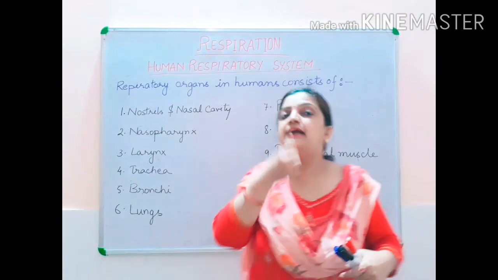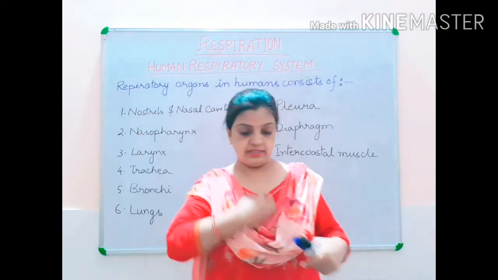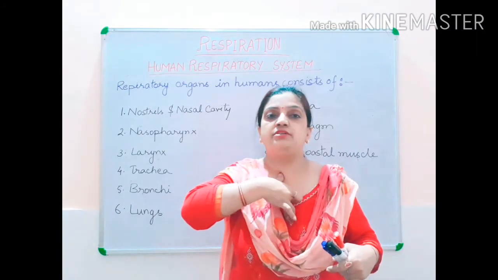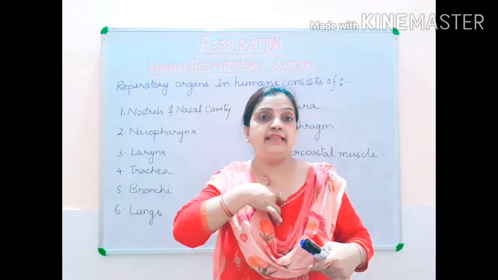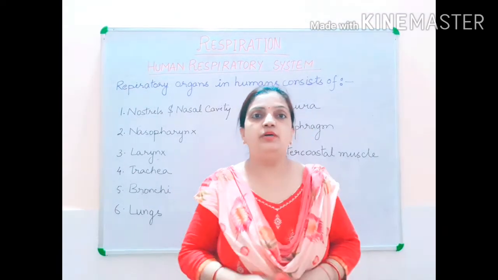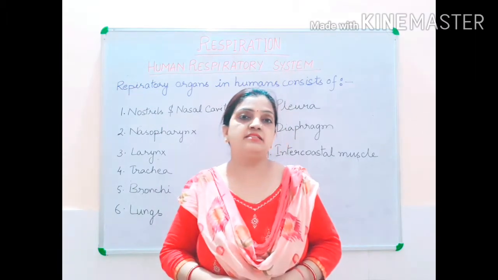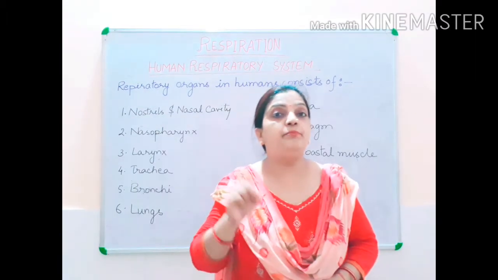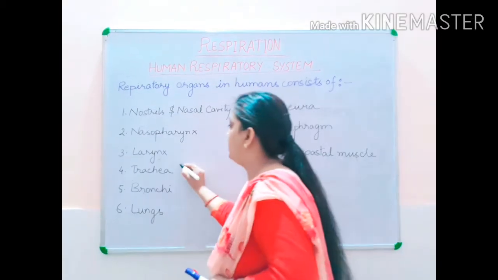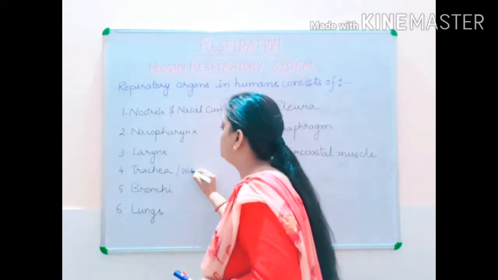Now this larynx from the throat opens into the windpipe in our chest portion inside, and that part is called trachea. In simple words, in previous classes you have studied the windpipe. This trachea is nothing else but your windpipe.